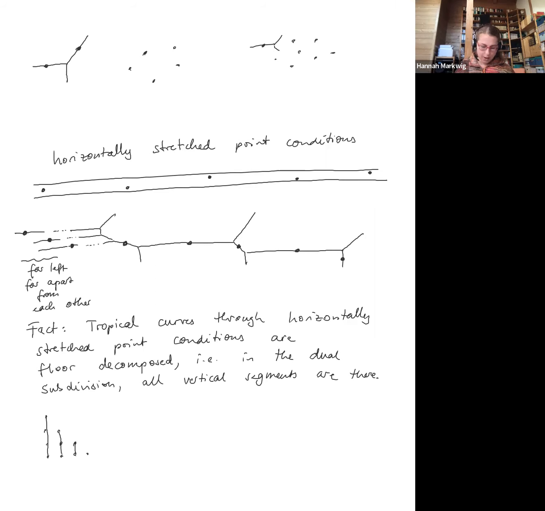So when we compare with the tropical curve we've just drawn up there, then we can look at the dual Newton subdivision. This is floor decomposed. That's no surprise, because it does go through such, it's just horizontally stretched points. Let me also show you an example of a subdivision which is not floor decomposed. Oops, sorry, that was too much.